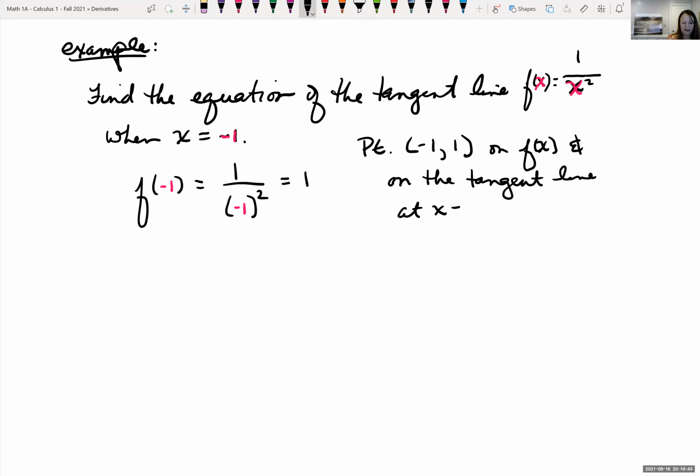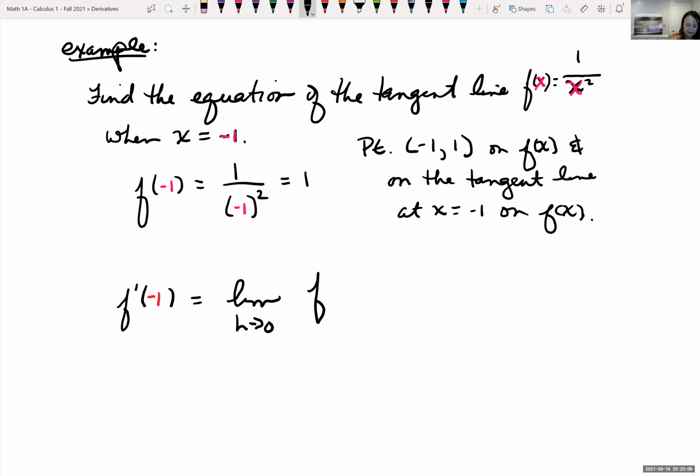At x equals -1 on f of x. So now we need to find that slope, and we can find that slope by looking at the limit. So we know that f prime at -1 is going to equal the limit as h approaches 0.